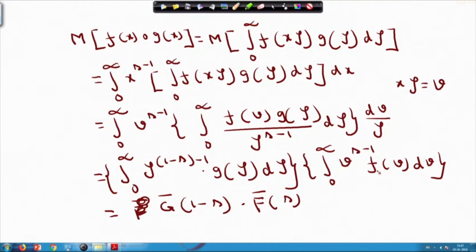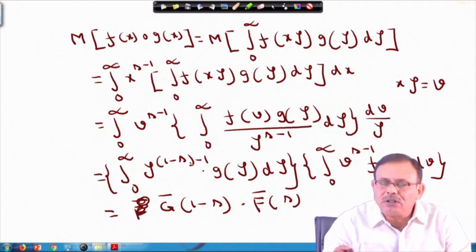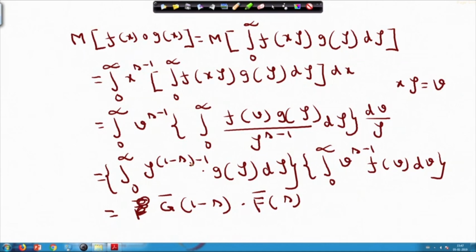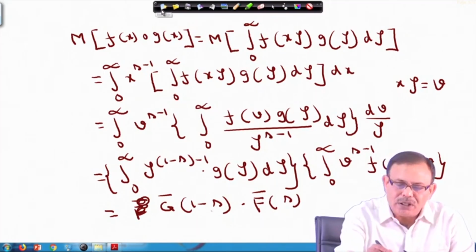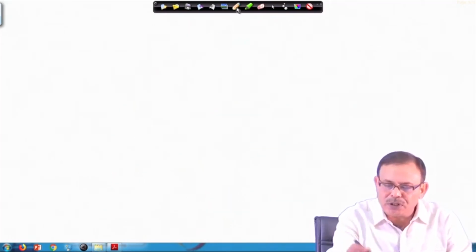This completes the proof that the Mellin transform of f(x) convolution g(x), with respect to the definition of the integral from 0 to infinity of f(x eta) g(eta) d eta, equals f bar s into g bar of 1 minus s. Let us see it once more.